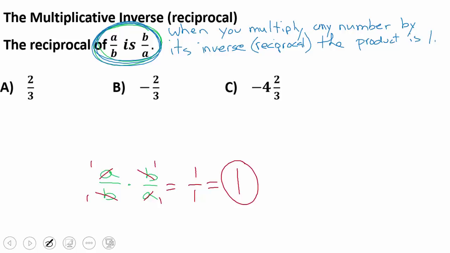So when I multiply any number by its reciprocal, I will always get an answer of 1. Always.